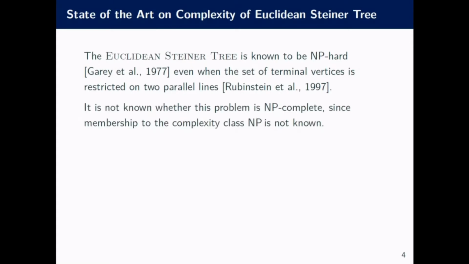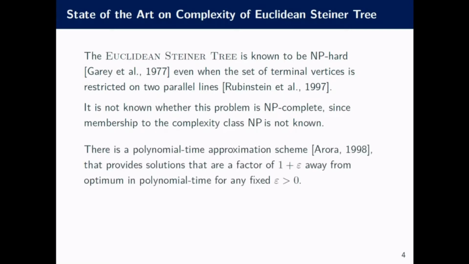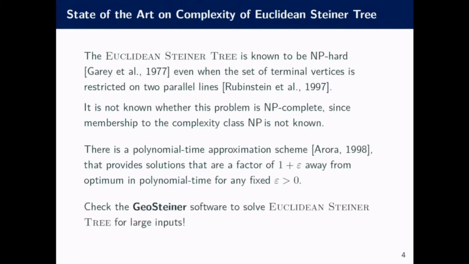And of course, we don't know if this problem belongs to the NP class. However, there is a polynomial time approximation scheme that provides solutions that are within a factor of 1 plus epsilon from the optimum. If you're interested in this problem, you can check this software to see graphical solutions for very large inputs.